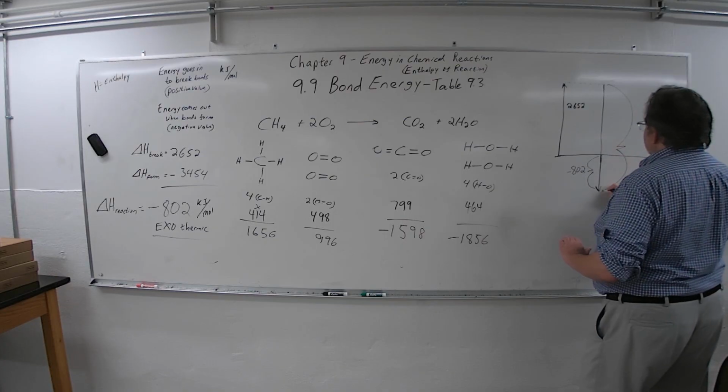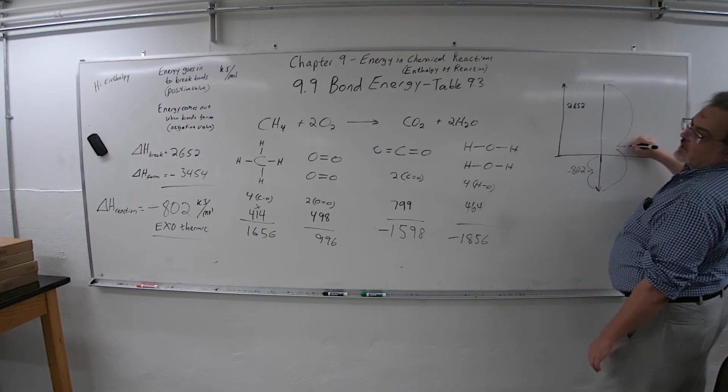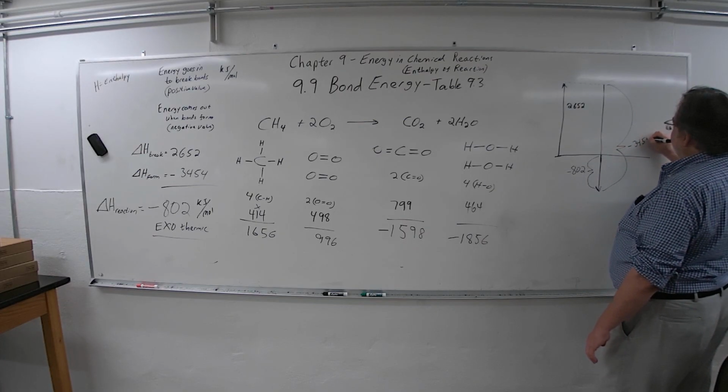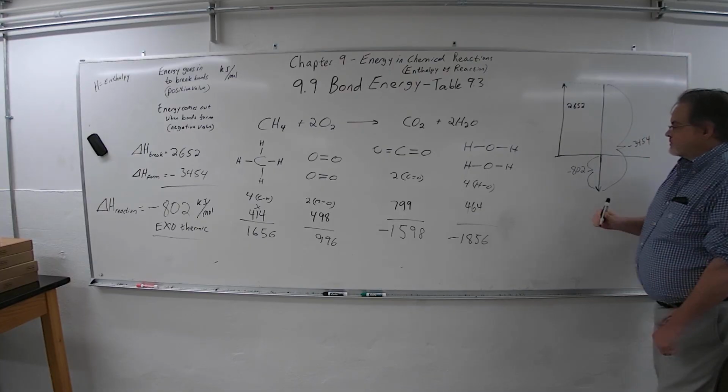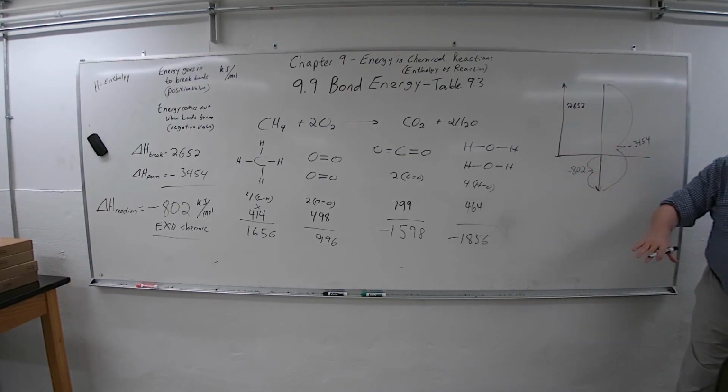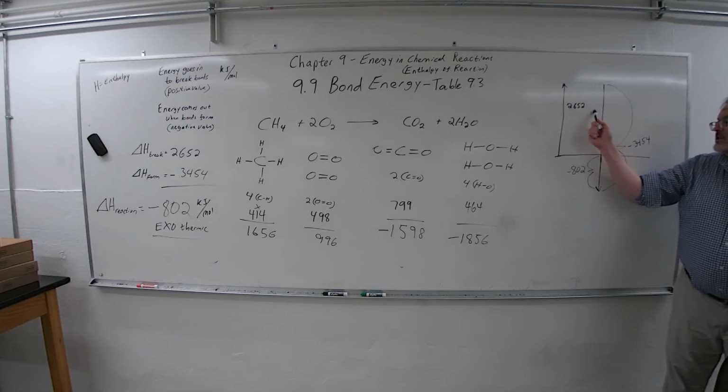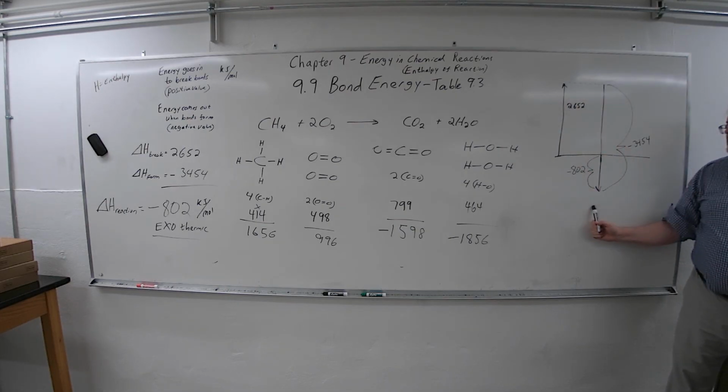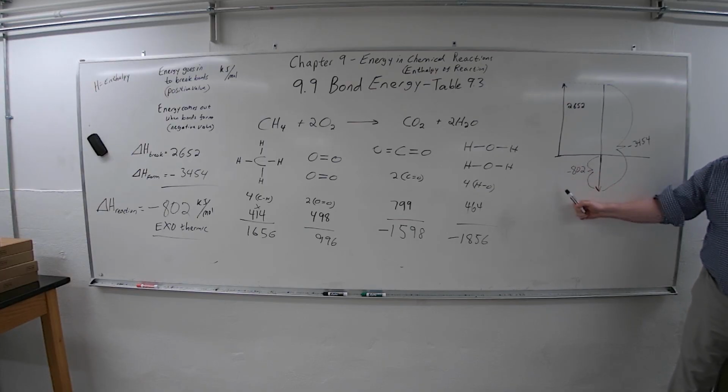This is the negative. So those atoms, the molecules that are there, this much energy goes in, this much energy comes out, and this overage going past here is the heat that you can feel coming out of the reaction. And it's exothermic because this is negative. There are endothermic reactions.